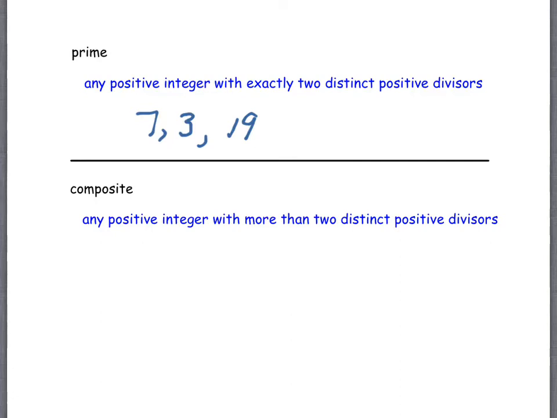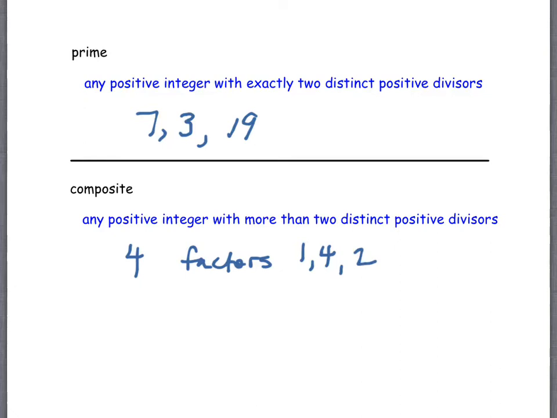Composite. A number is considered composite if it has more than 2 distinct factors. So can you give me an example of a composite number? 4. Because what are the factors of 4? Right, it has 1 and 4, just like the numbers above, but it also has an additional factor of 2.